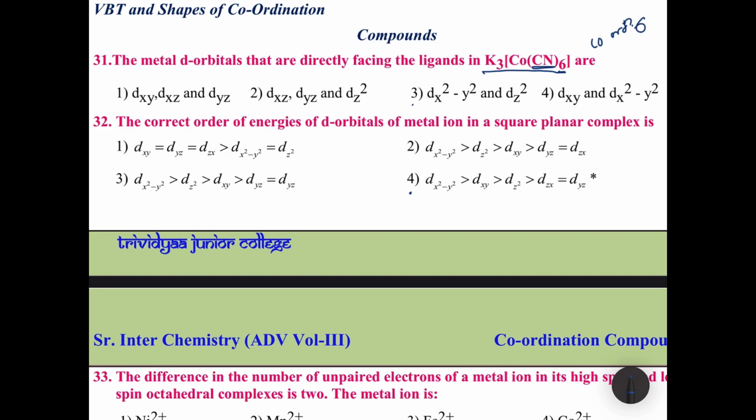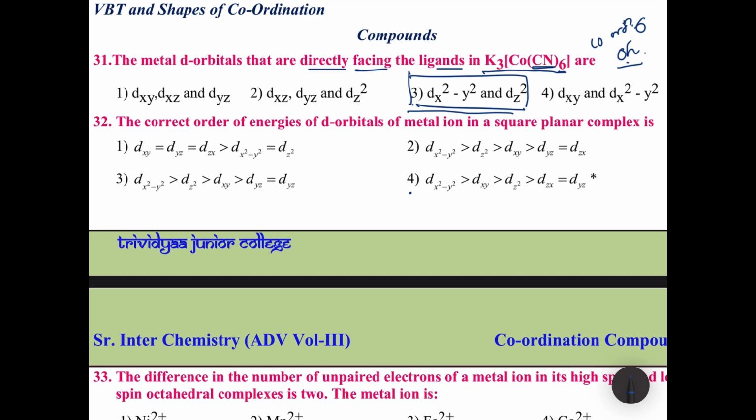When coordination number 6 is there, it is octahedral. In octahedral cases, ligands always come along the axis. Along the axis, the orbitals are dx square minus y square and dz square. Directly facing ligands, that is along the axis, dx square minus y square and dz square.